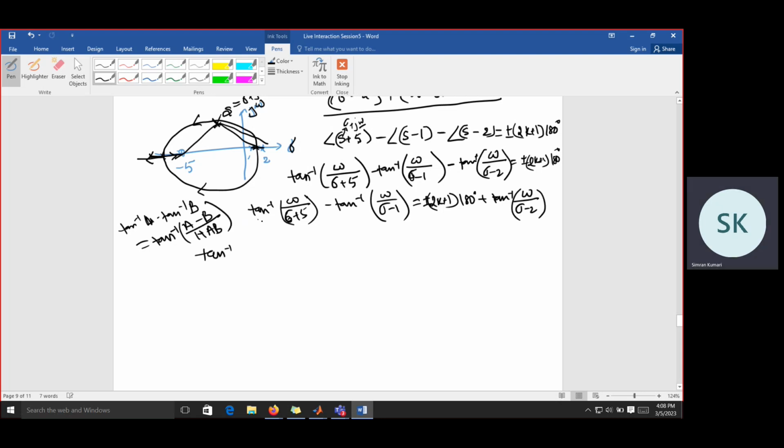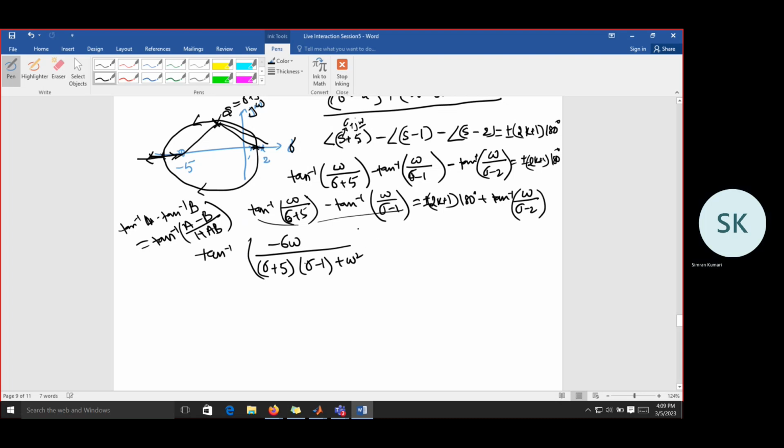If we simplify this one, we get tan inverse minus 6 omega by (sigma minus 1) plus omega square.